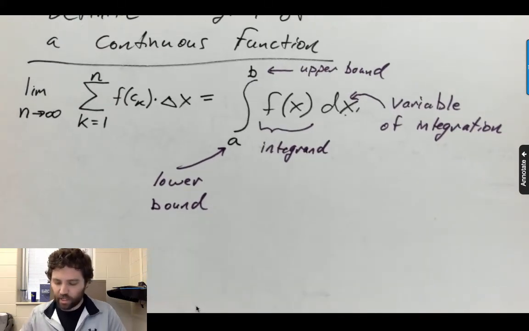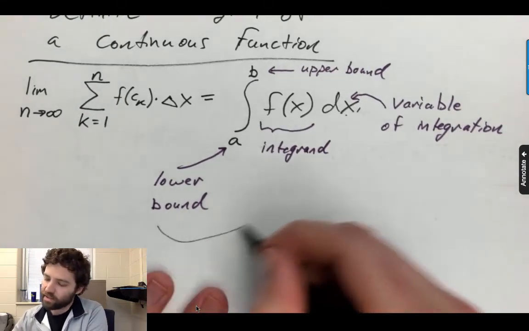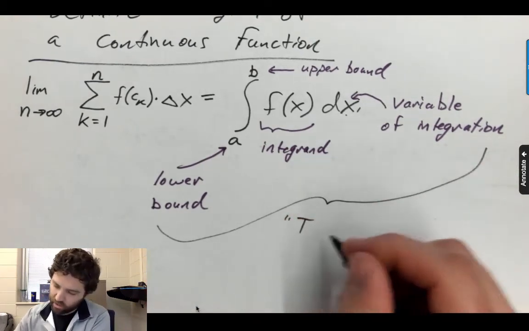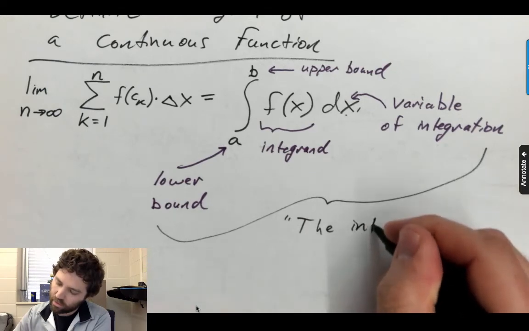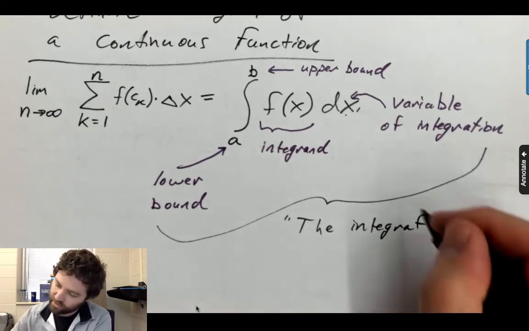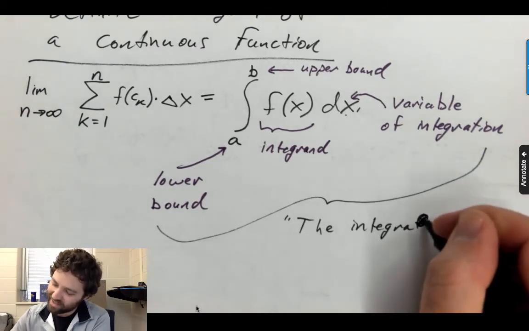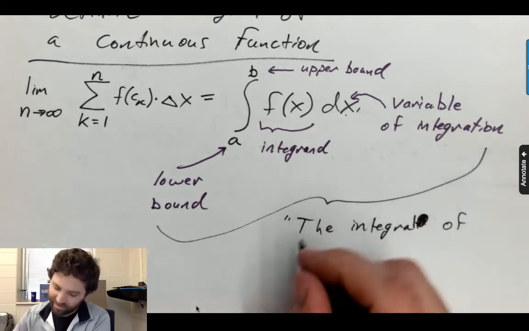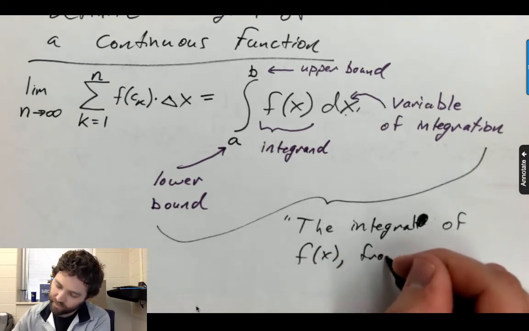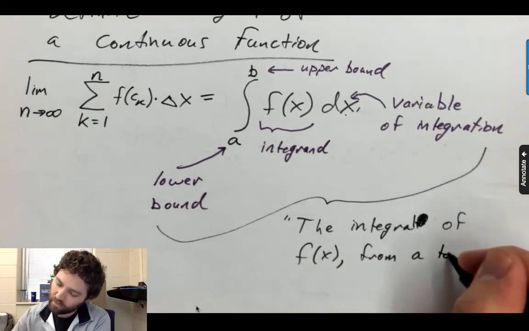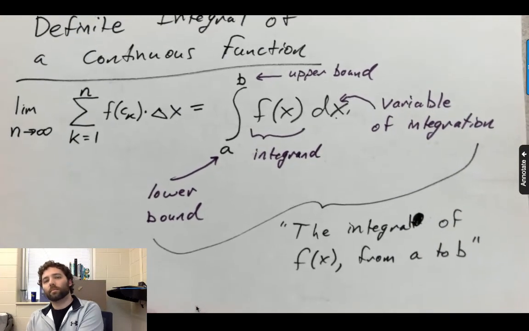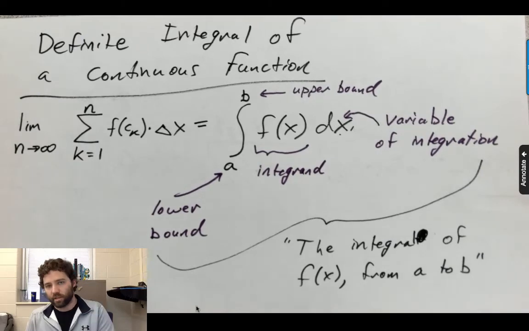This entire thing is read as the integral of f of x from a to b. So there you go. That's the definite integral of a continuous function.